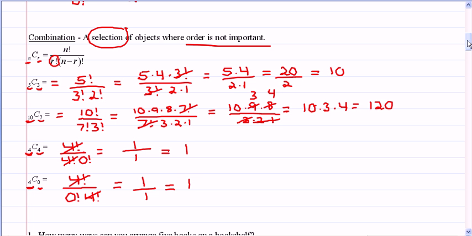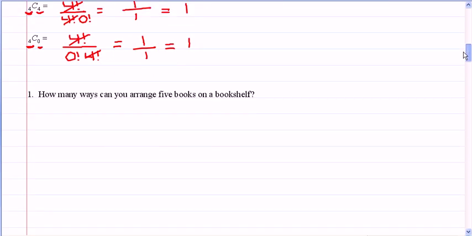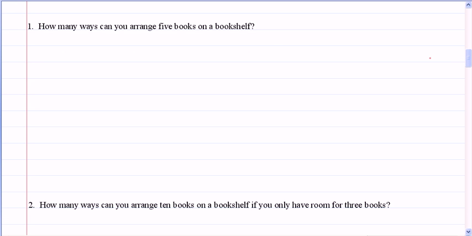So if we look at our first example, how many ways can you arrange 5 books on a bookshelf? So let's say you had one book that was a math book, another book was an English book, you had a science book, a history book, and a psychology book.